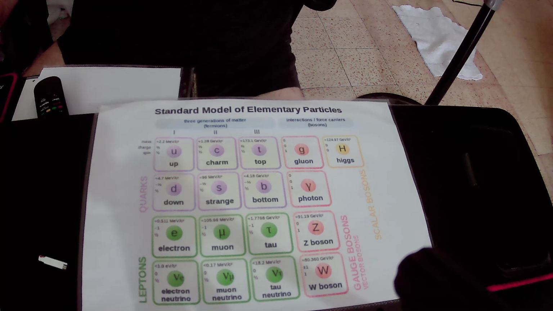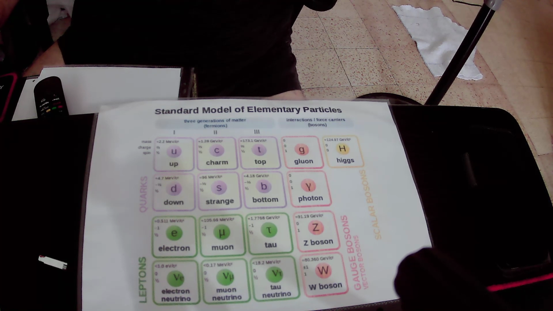They carry the 4 fundamental forces in nature. Okay, as I already said, it is the strong force, the weak force, the electromagnetic force, and the gravitational force.